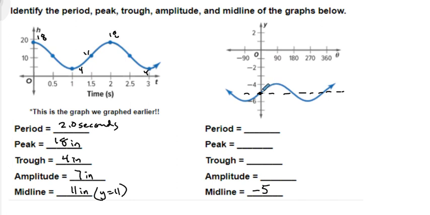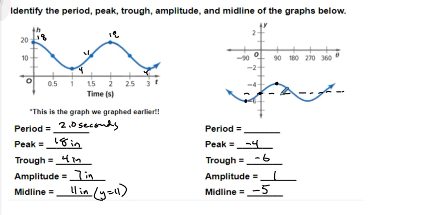Our amplitude: your total distance is from -4 to -6, so that's 2, and half of that would be 1. So my amplitude is 1. We don't have any units on here, so we're just going to leave it like that. Trough is your lowest point, which is right here at -6. And peak, your highest point, is at -4.